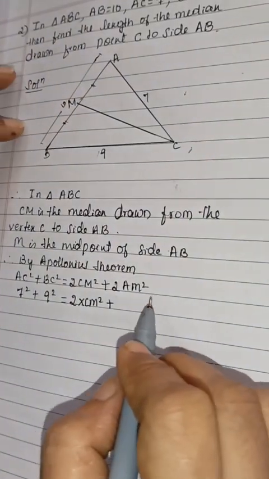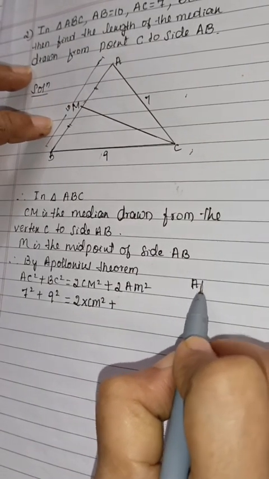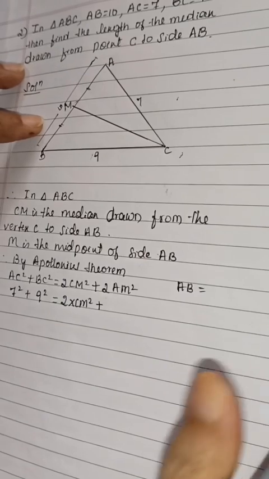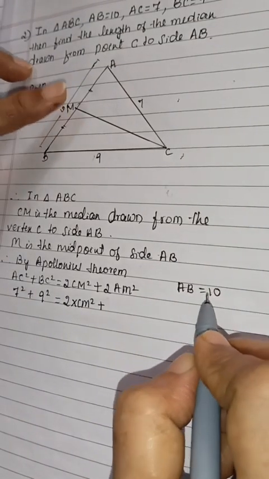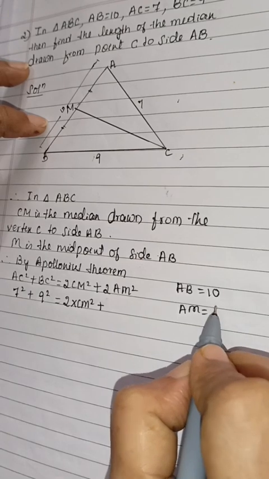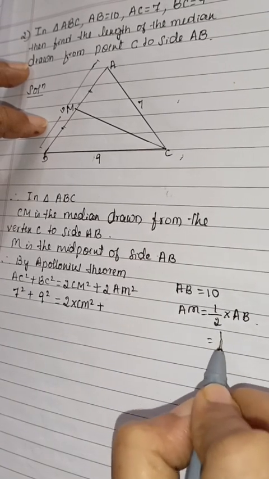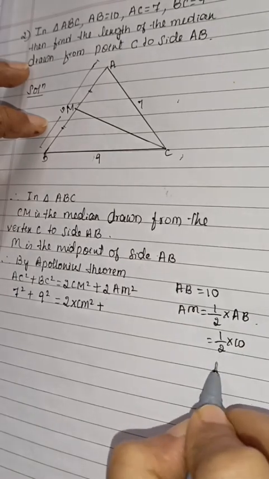Here AB is 10. Therefore AM is half of AB, half of 10, that is 5.